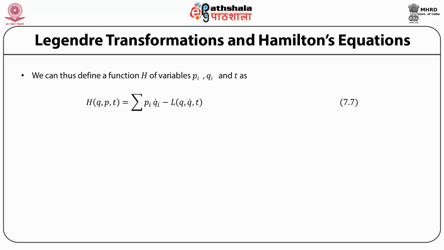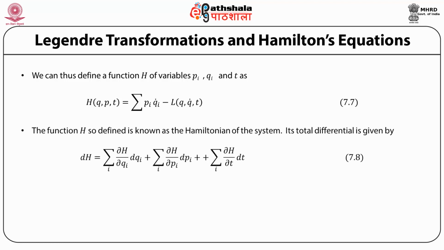in this case the Lagrangian, which is a function of the generalized coordinates and the velocities and may also depend on time. The function h so defined is known as the Hamiltonian of the system. Its total differential is given by dh. Now, h is a function of q, p, and t.